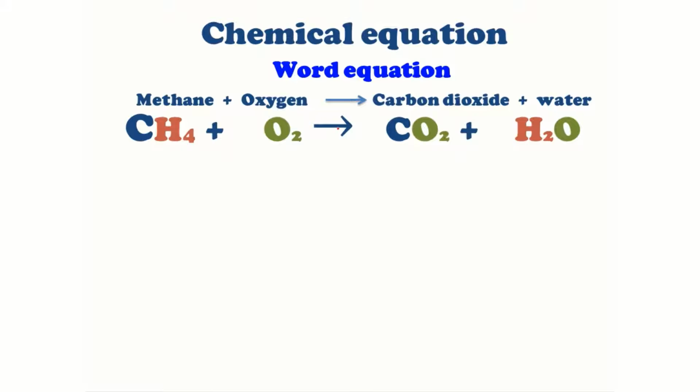Single arrow here means that the reactants react completely to form the products. By the way, CH4 and O2 are the reactants. The CO2 and H2O are the products.